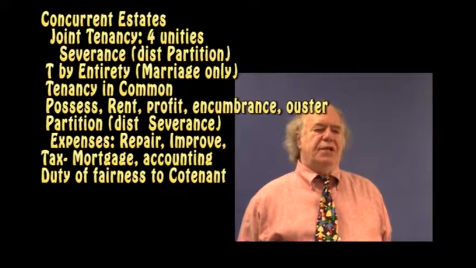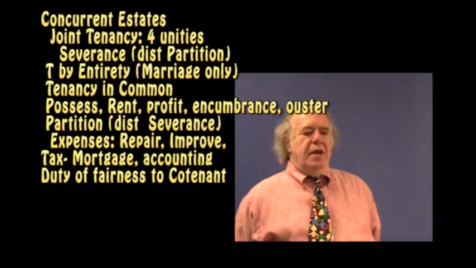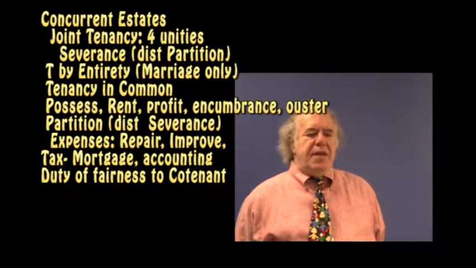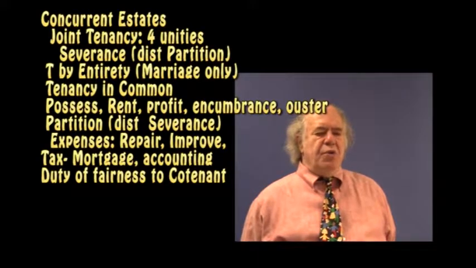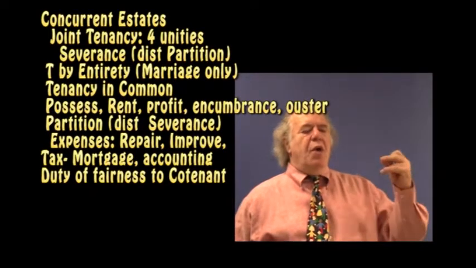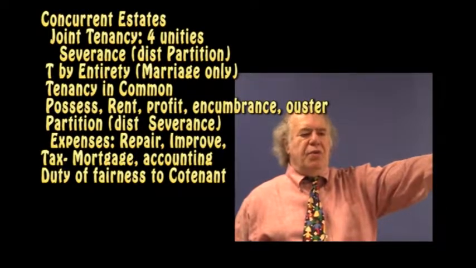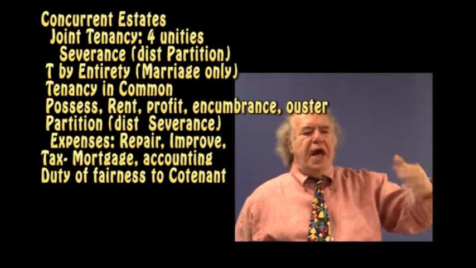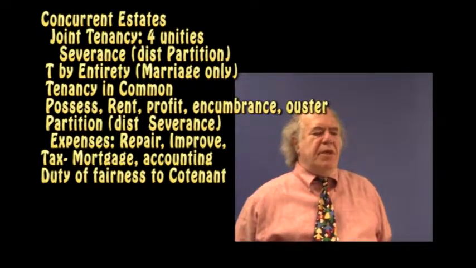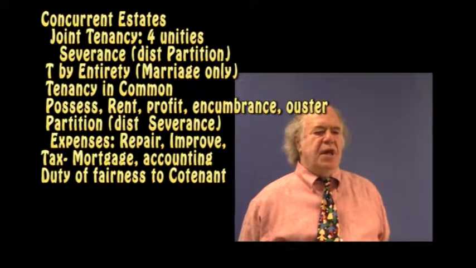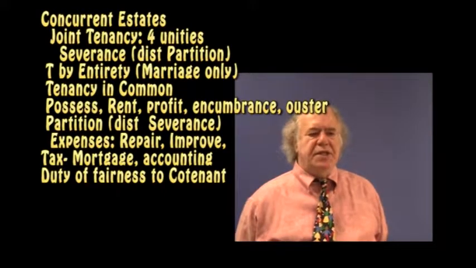What do we mean by right of survivorship to start with? We mean that if A and B continue as joint tenants until one of them dies, automatically the other one owns the whole thing. The one who died cannot leave the land to someone else in his will. It does not pass under the laws of intestacy to his heirs.